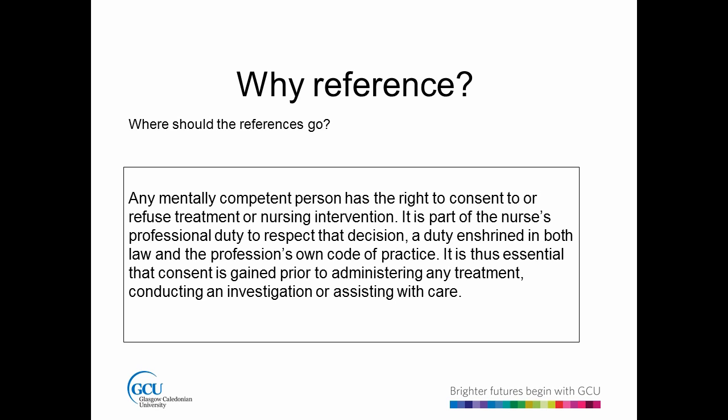Where's the next one, would you say? Okay, it could be at the end of code of practice, or it might be that we've got two pieces of information from two different sources. If we found out about the law in one source and the code of practice in another, we might put two references. It just depends on where we got the information from.